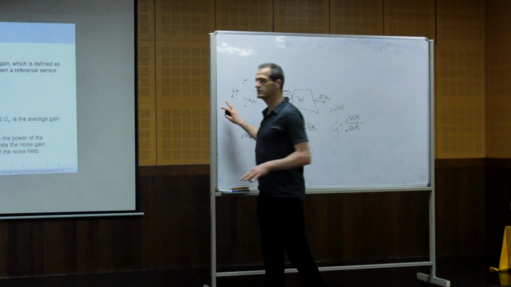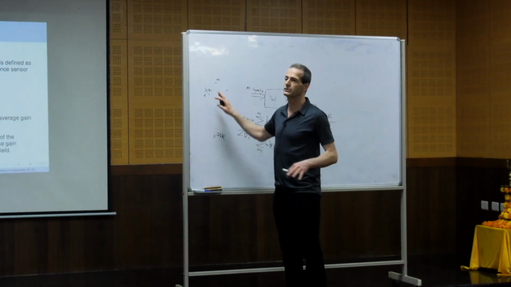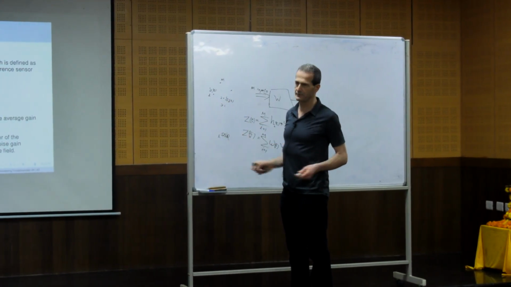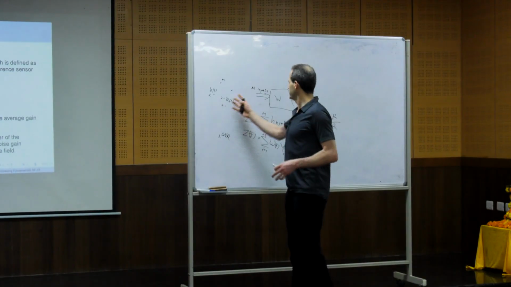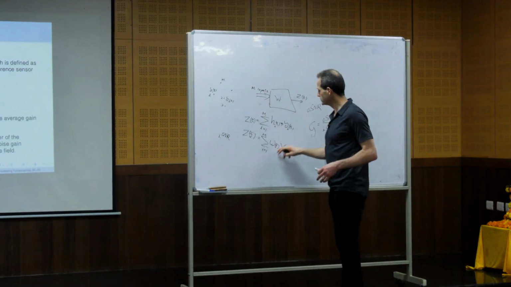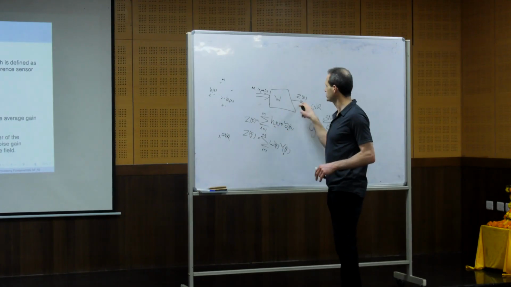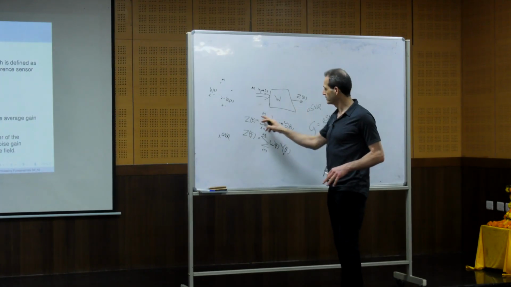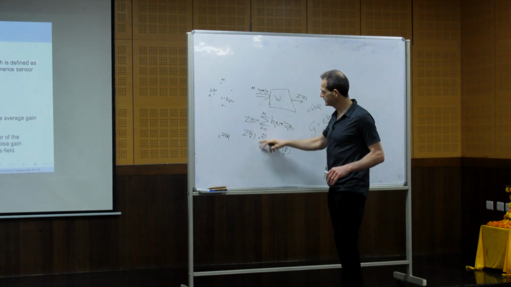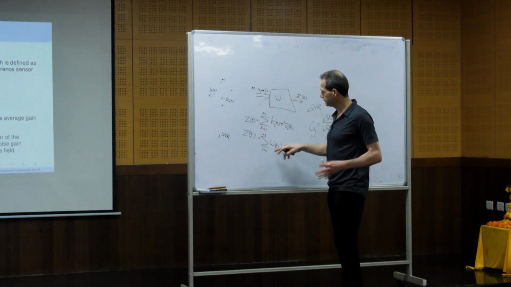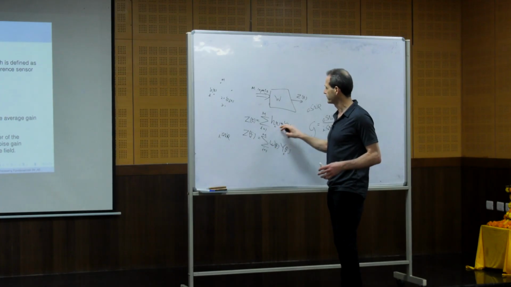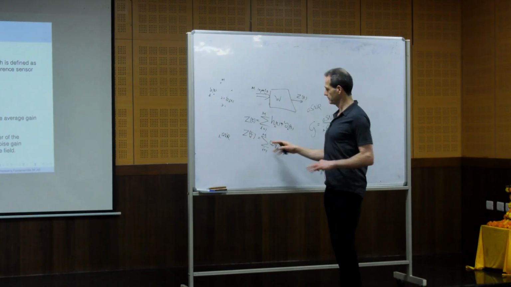Here I don't assume anything about the configuration of the array. It doesn't really matter. Suppose that I have certain weights or certain filters, I get an output here. Because it's linear, this is a linear beamformer. It means that we have some weights or some filters. It's the same in the frequency domain.